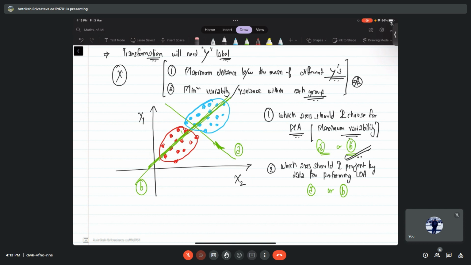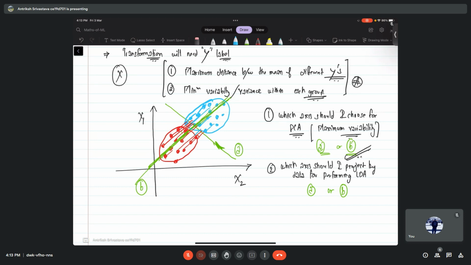Those of you who said A, it is wrong, because if you take the projections on A, reds will be going here and blue will also be coming here. So it will not be able to do any classification.